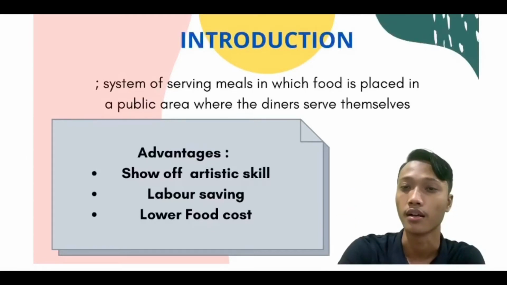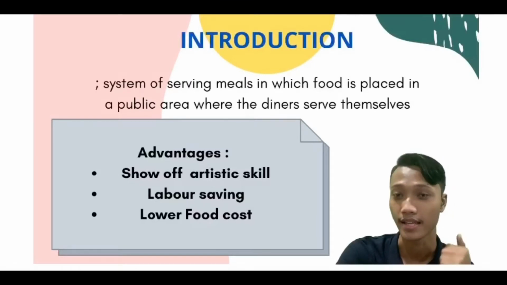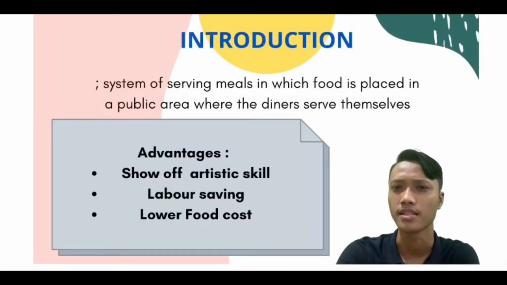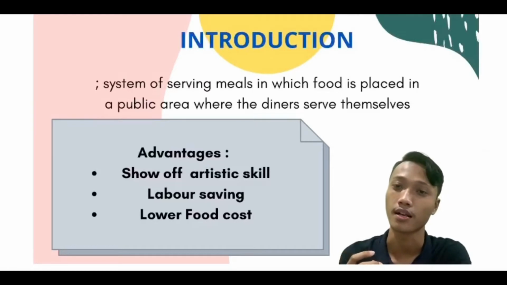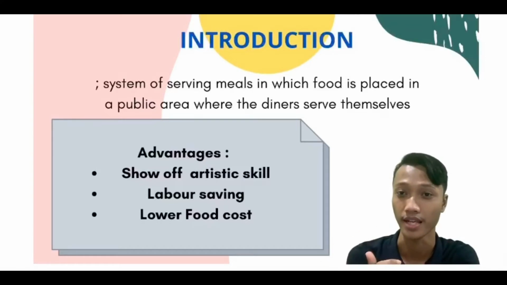Buffet is a system of serving meals in which food is placed in a public area so that the diners, guests, can serve themselves. Advantages of the buffet menu are a show of artistic skill, labor saving, and lastly, a lower food cost.